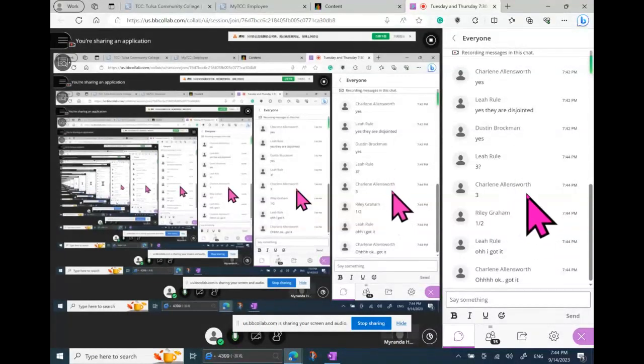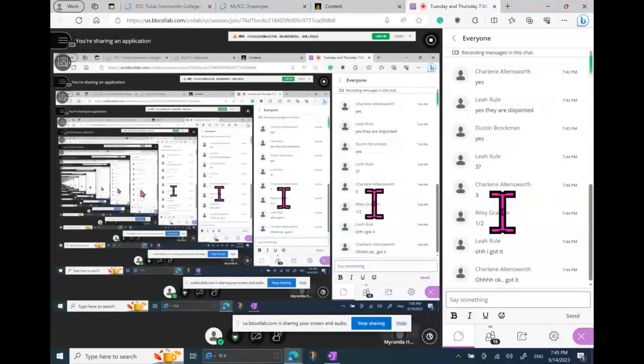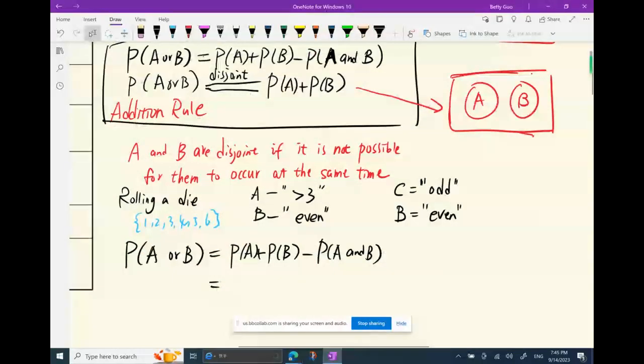But I know what you mean: A contains 3 outcomes, 4, 5, 6, but we also have the denominator. We have to divide 3 by 6. You got it right. 1/2 is 3/6, and I would like you to keep 3/6 because you will see why in a moment. The denominator is the total number of outcomes in the sample space, so 6, and the numerator is how many outcomes favor A occurring, so 3/6.